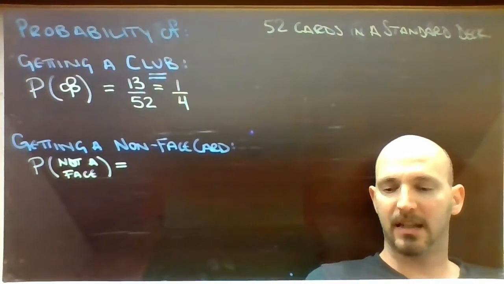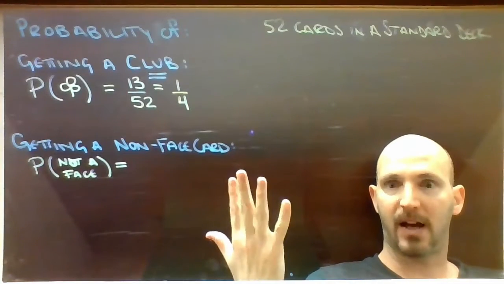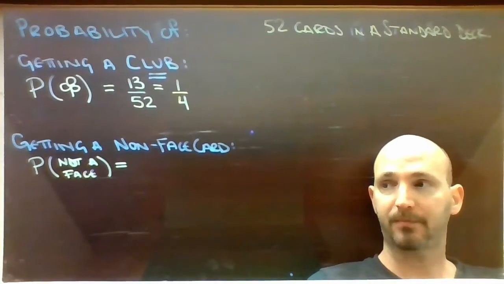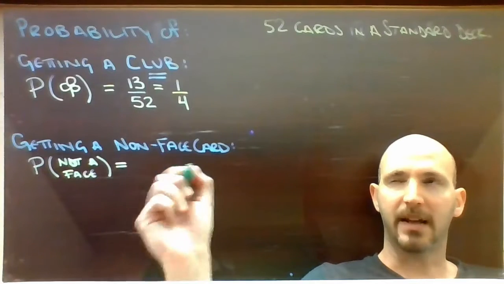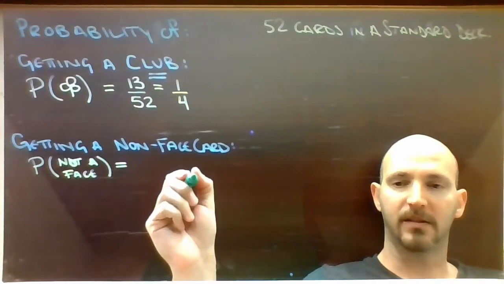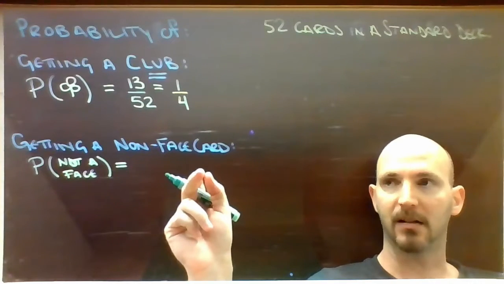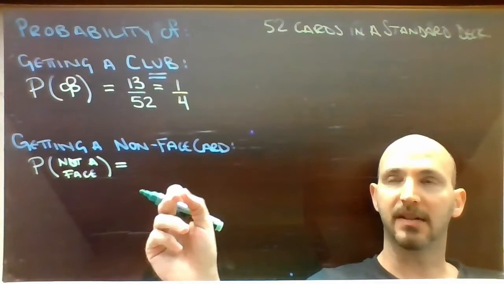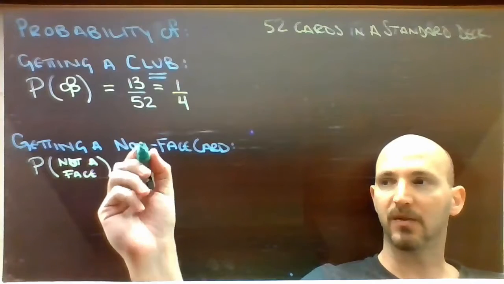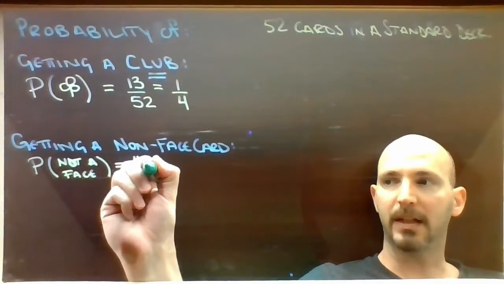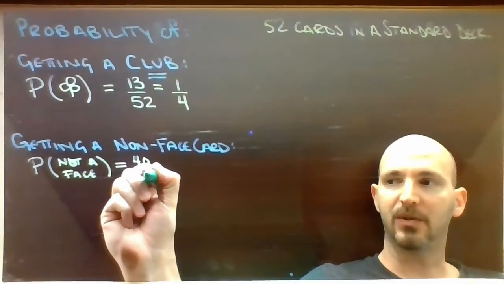So there's the ace, the 2, the 3, the 4, the 5, all the way up to 10. So there are 10 cards in hearts that are not face cards, and there are 10 diamonds that are not face cards, and there are 10 clubs that are not face cards, and 10 spades that are not face cards, for a total of 40 out of 52 cards.